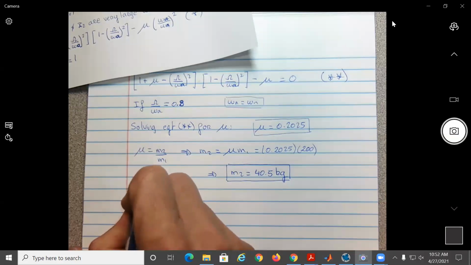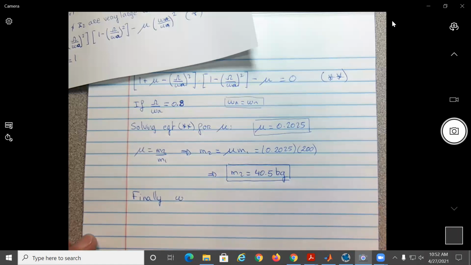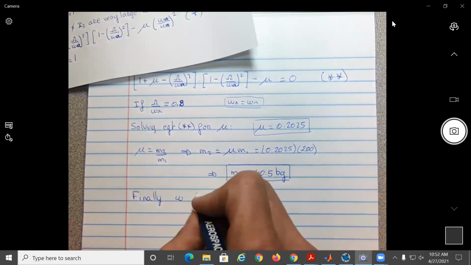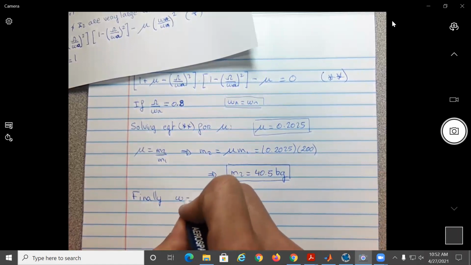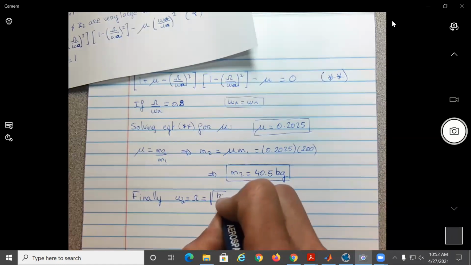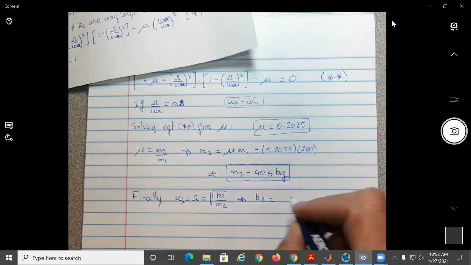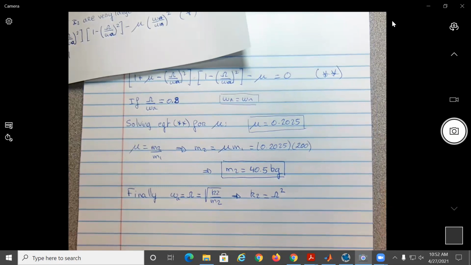Okay, and finally, what do we know? So the omega of the absorber, at resonance, should be equal to the square root of K2 over M2, which will give you that K2 will be equal to capital omega squared times M2.